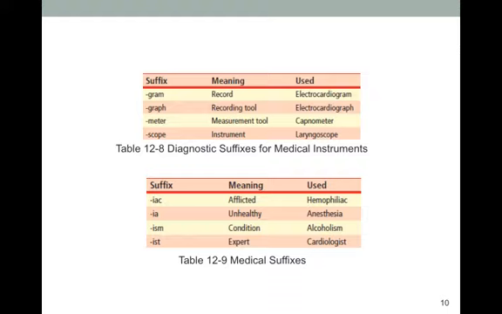Meter, measuring tool, capnometer. Scope, laryngoscope. Medical suffixes: iac, hemophiliac, afflicted, blood afflicted. Ia, anesthesia. Ism, alcoholism. Ist, cardiologist.